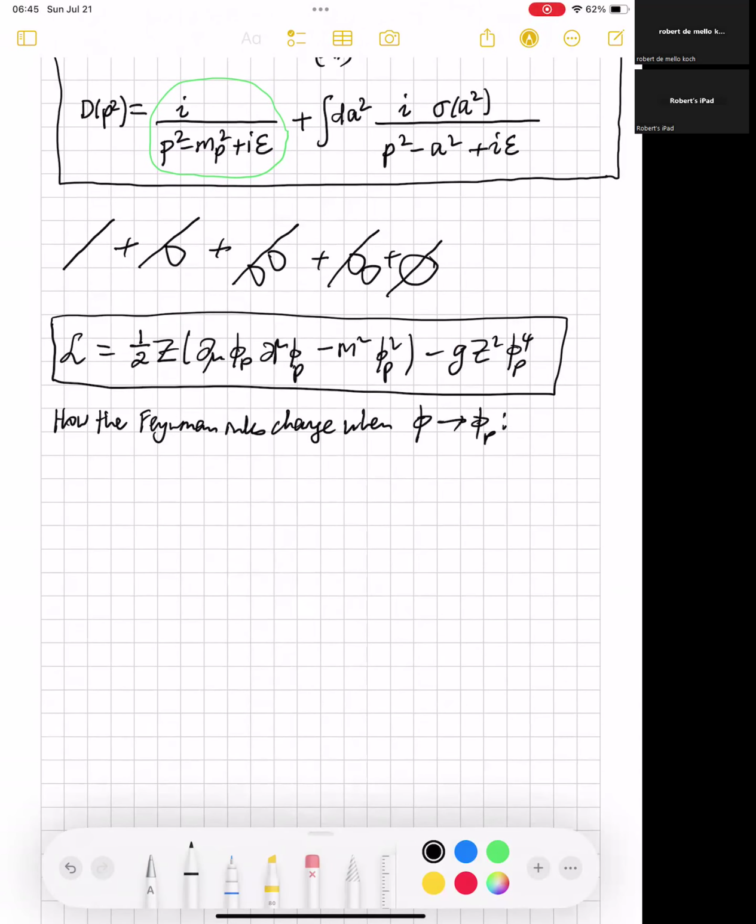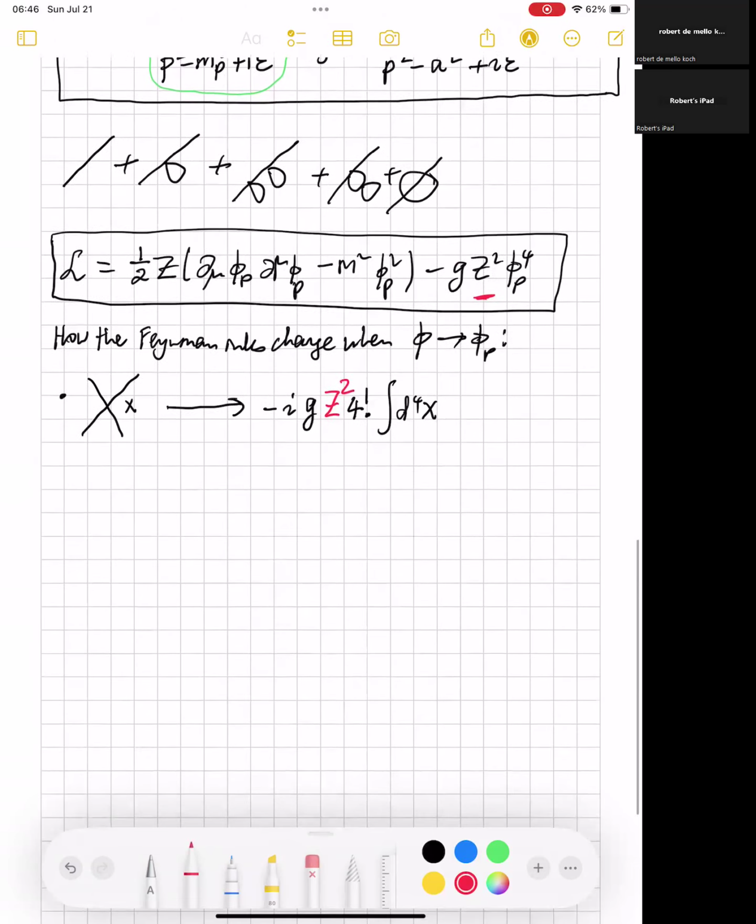Remember what we had for vertices: when we've got a quartic vertex, it lives somewhere, at x. When we translate this into math, we've got a minus i g, we've got 4 factorial, and then we need to integrate over the position of the vertex. If we look at the Lagrangian, there's now a z squared sitting there when we've written things in terms of the physical field. So we need to include a z squared in that Feynman rule for the vertex.